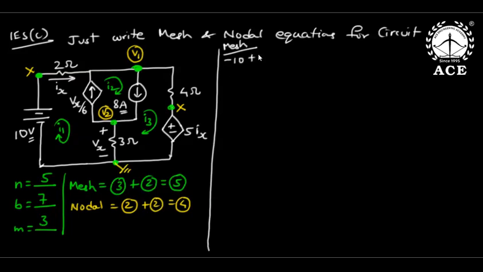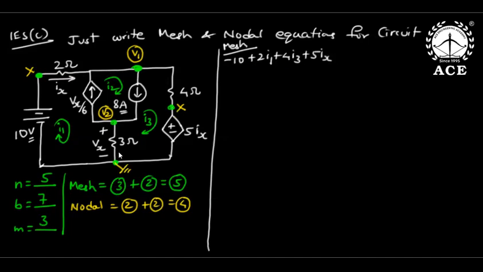plus 2i1. Super mesh, because dependent current source, super mesh, but there is no element, no voltage drop. Again current source super mesh, double super mesh. Again I will open and go. Then it will be 4i3. Now voltage source, dependent voltage source, plus 5ix.